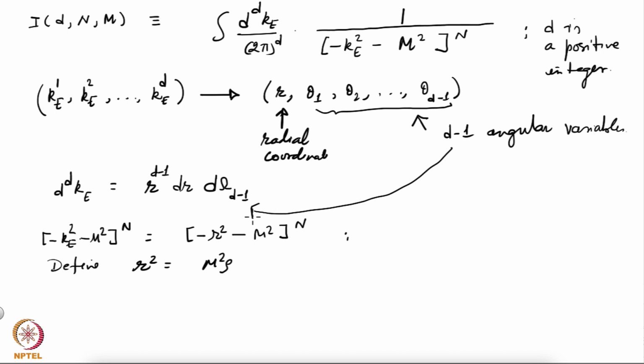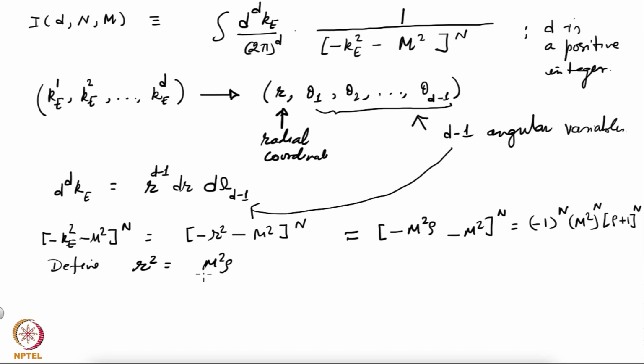All I am doing is trying to filter out the m dependence. So when I do that, this becomes (minus m square rho minus m square) to the power n, which is (minus 1) to the power n, (m square) to the power n, (rho plus 1) to the power n. That's good. That's about the integrand.